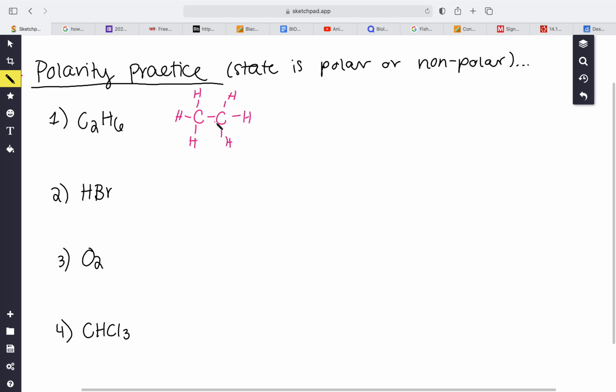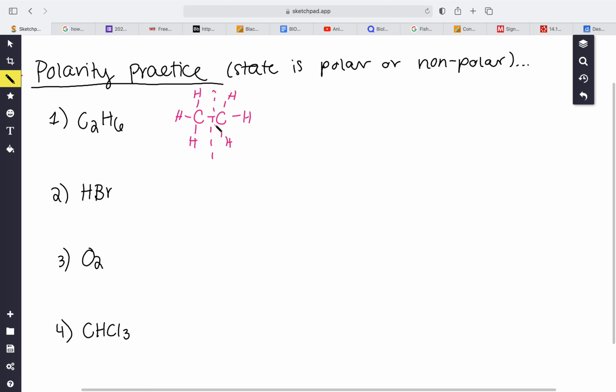So let's look at here. I can already tell that this is going to be nonpolar, mainly because there's nothing that's pulling anything different. We can say this is also symmetrical, which might help. If this were unsymmetrical, so let's say this was something like oxygen, doubly bonded with other things on the side, that would mean it's going to be polar because oxygen is more electronegative, so there's something different in there.